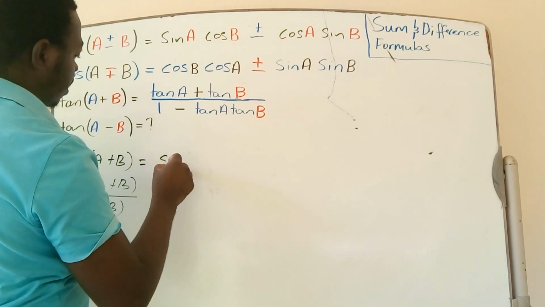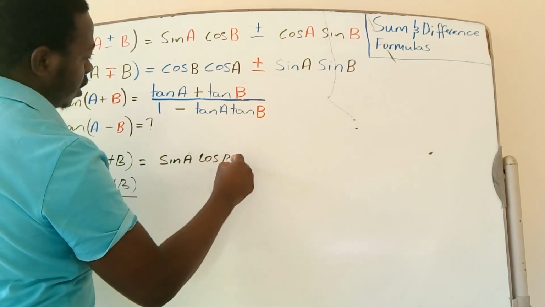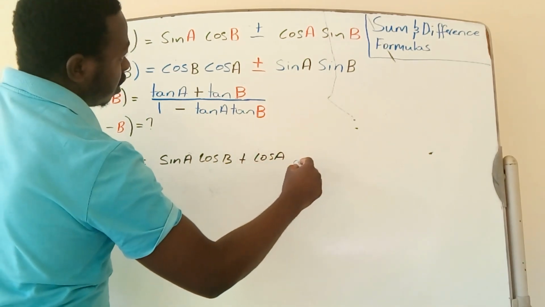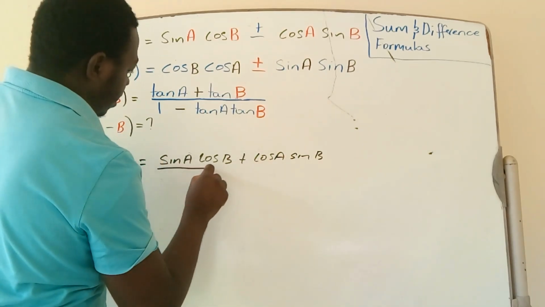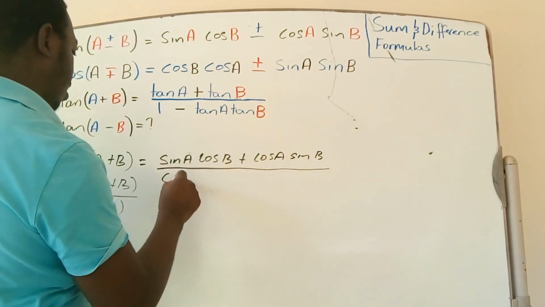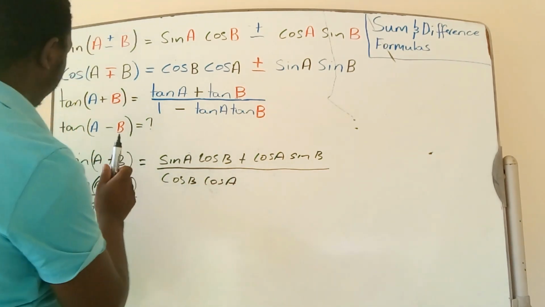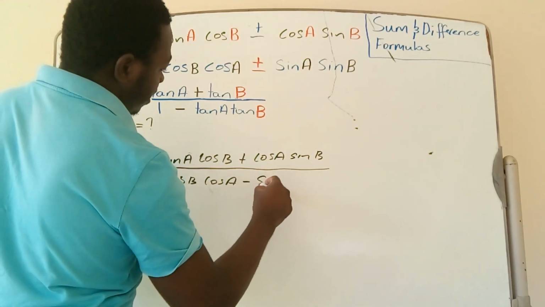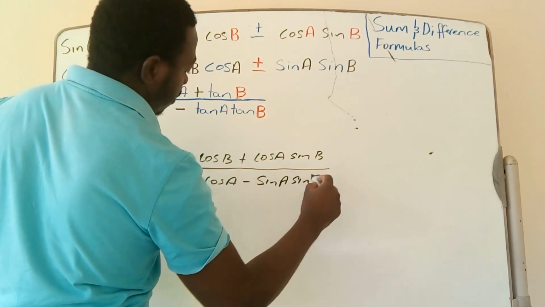So this is the same thing as sine of A cos B, plus cos of A sine B, all of that divided by cos of B cos of A. Now remember, when it's cos, if you are adding, it's going to take a minus sign, and then it's sine of A sine of B, right?